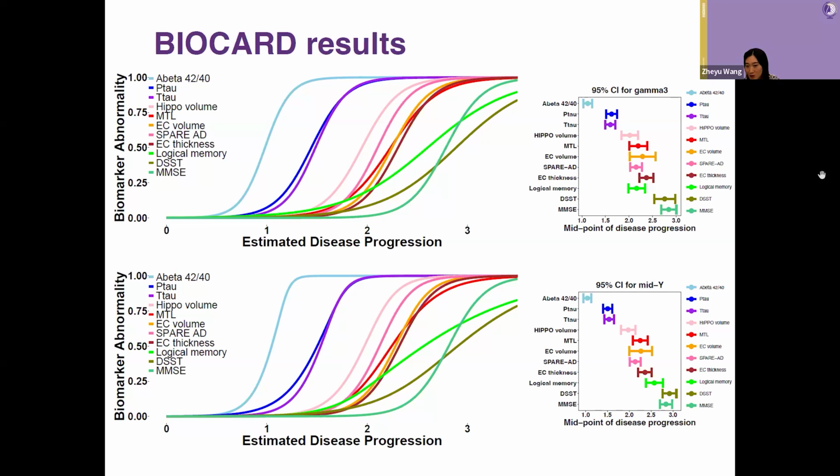The top one uses a logistic curve, and the bottom one uses the asymmetric piecewise logistic, and you can see the orderings are quite similar. There are some shape changes, but the order in general is similar, with the first group being the CSF biomarkers, followed by the MRI biomarkers, and then some cognitive assessments. So it is relatively consistent with the hypothesized sequence in the Jack model.